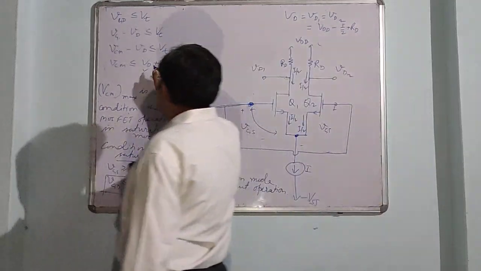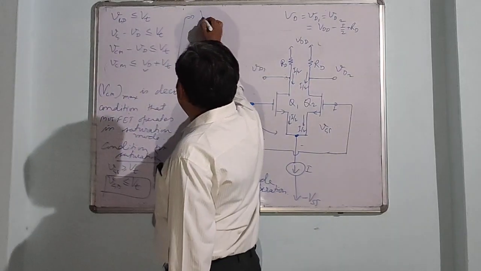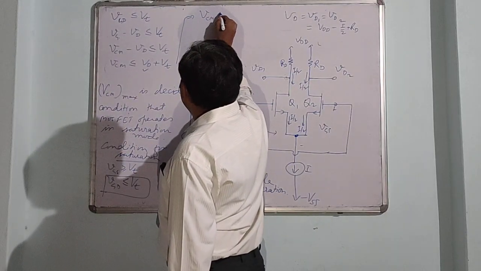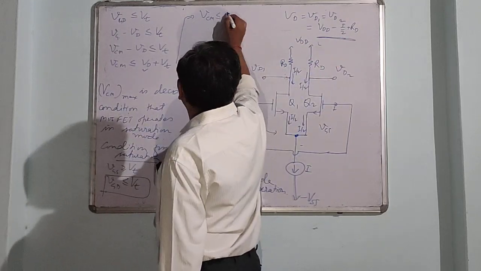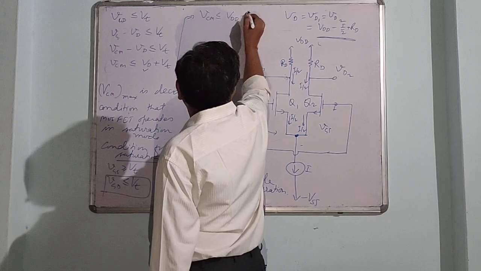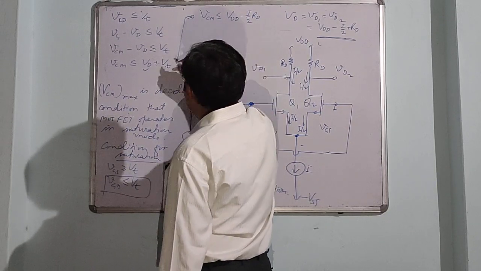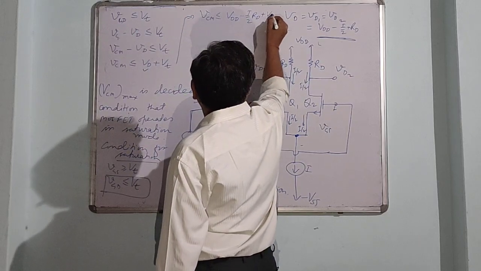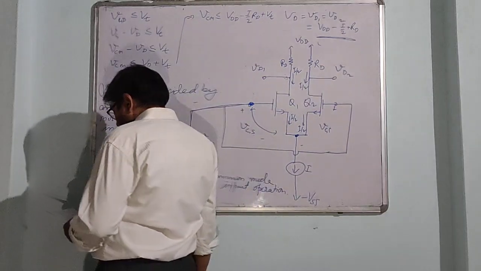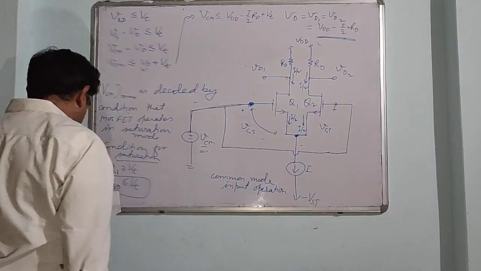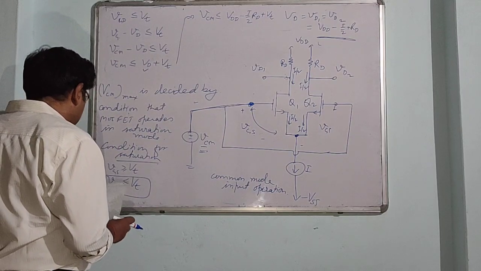So you can put this value from here: VCM is less than or equal to VDD minus I by 2 RD plus VT. Okay. So this is the condition.